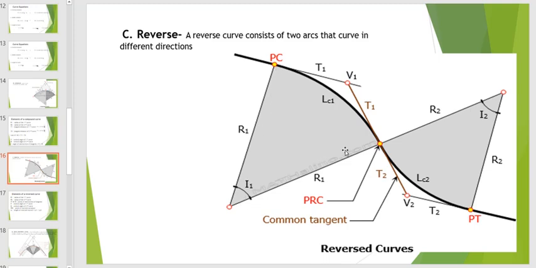Again, you will analyze each curve individually. For curve number 2, they have their own point of intersection on their tangent lines.